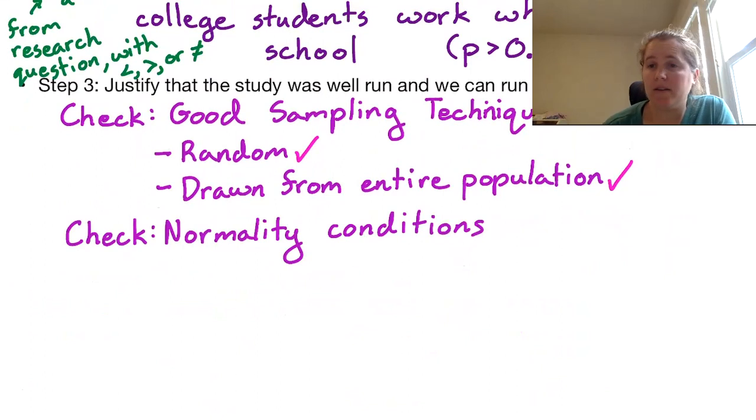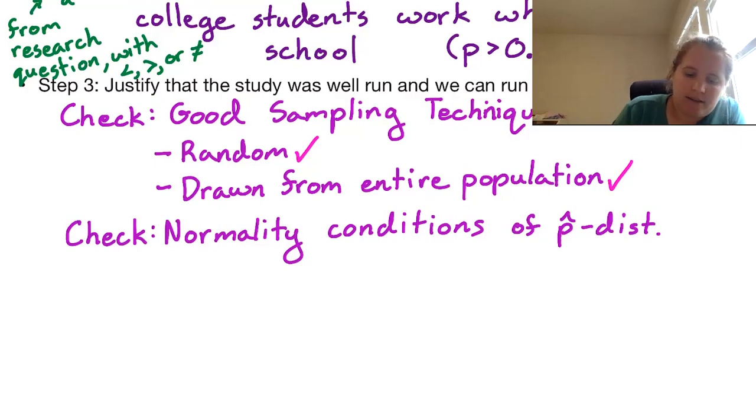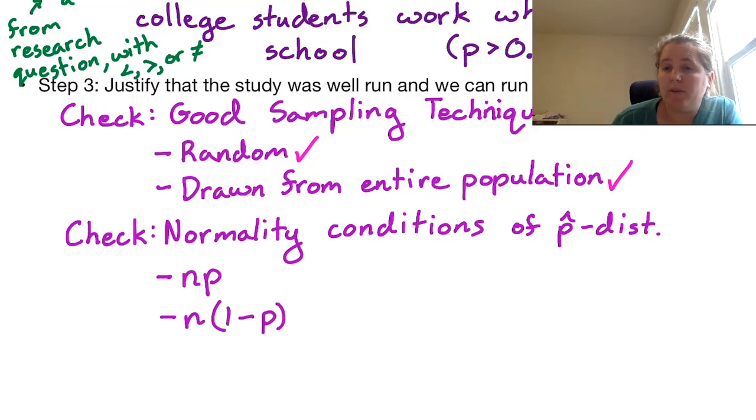And the normality conditions, in this case of the p-hat distribution, since we're dealing with proportion and sample proportions, are that we need n times p and n times 1 minus p both to be greater than or equal to 10. Right? So we need both of these 10 or more.